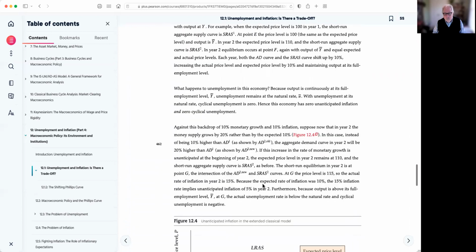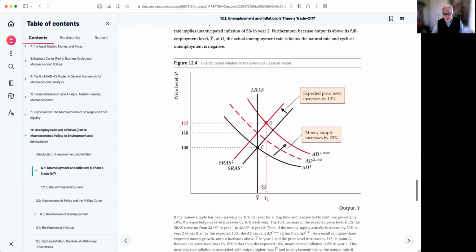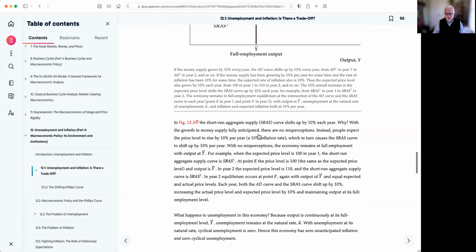But what we see is that if you are expecting a certain level of aggregate demand, this dotted line, and you adjusted your price level expectations, wages, etc., accordingly, then the short-run aggregate supply curve would shift up in line with that. This was like the aggregate demand and short-run aggregate supply curve that we saw just before.